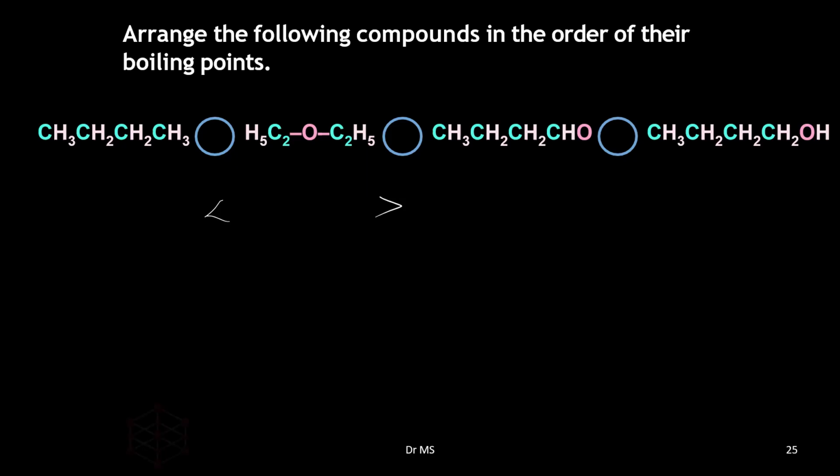Tell me, is it option 1 or option 2? Sir, option 1. How do you tell by this? This is a ketone, so obviously the aldehydes are more. The last one is alcohol, right? So alcohol is more than ketone. What is the reason for alcohol being more than aldehyde, that I don't know, but this point I know: ketones and aldehydes are lower than alcohol. The last one is NaCl.